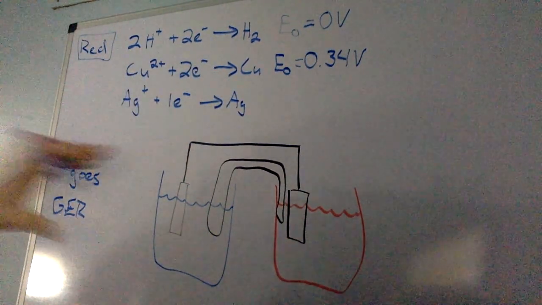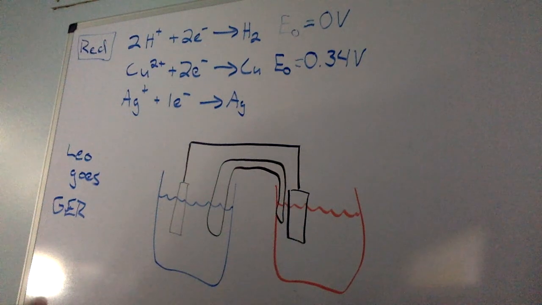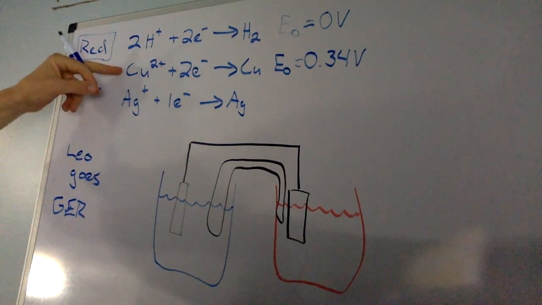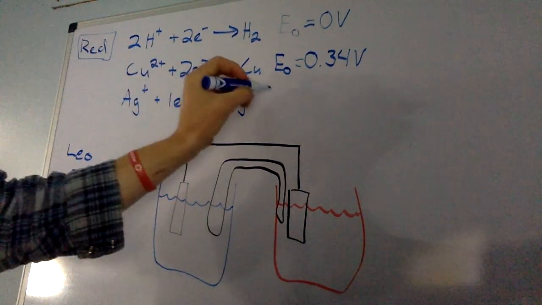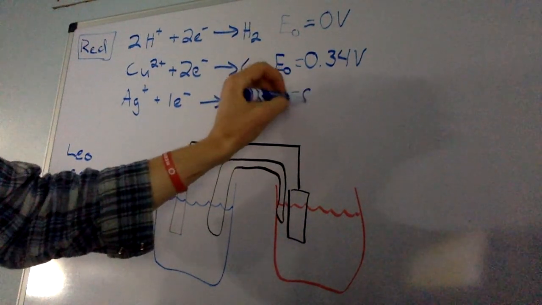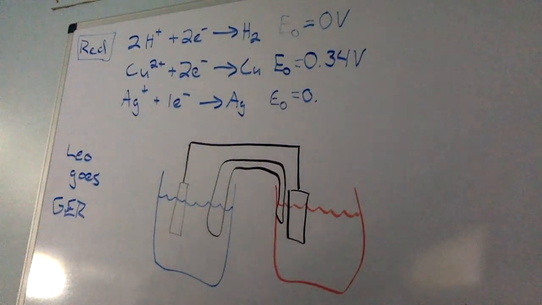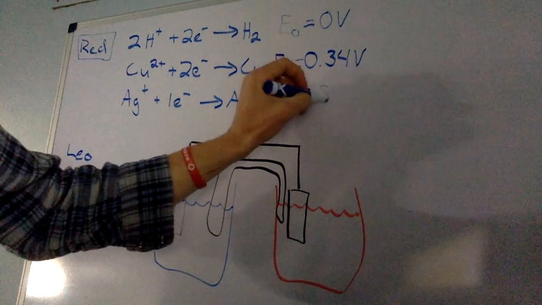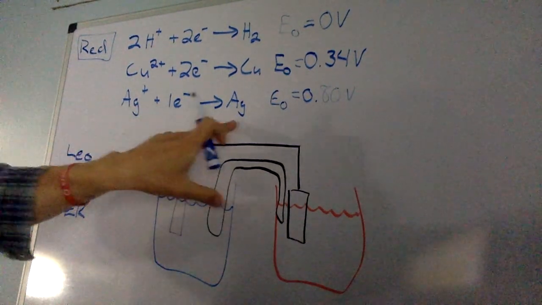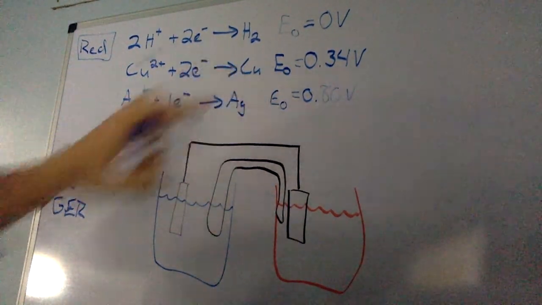Now, obviously, we're not going to want to put silver in our batteries because silver's kind of expensive, but silver actually wants those electrons even more than copper does. So the E naught here is going to be equal to 0.80. Okay? So it wants those electrons even more than copper does.